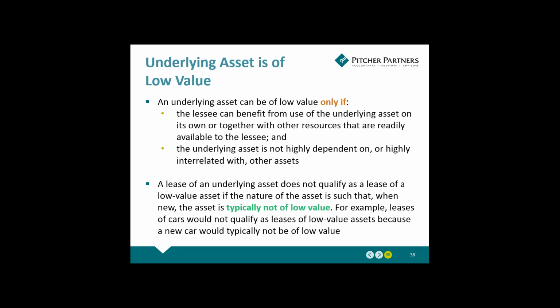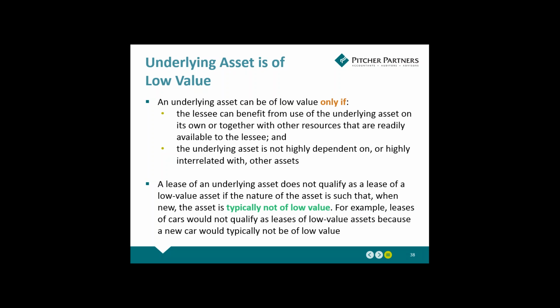And then the other thing is they say a lease of an underlying asset does not qualify as a lease of a low value asset if the nature of the asset is such that when new, that asset is typically not of a low value. And then the example they give here is the lease of a car.